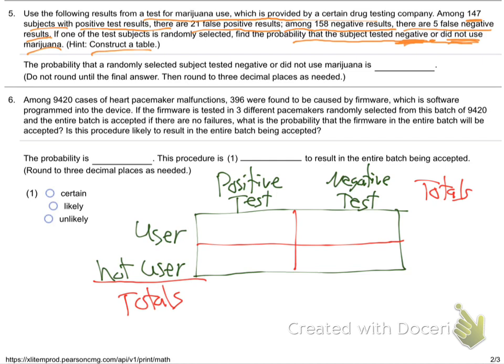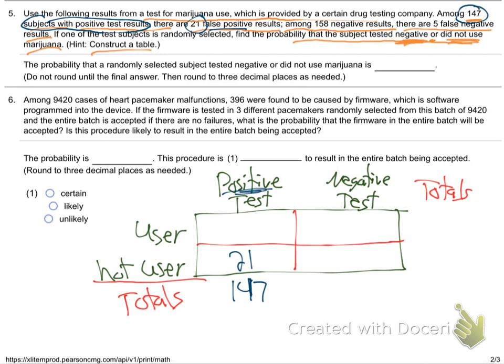All right, let's read the question carefully. 147 subjects with a positive test result. That's the total down here. You see, that's the total number of positive test results, right? Among those 147, 21 were false positive. That means 21 were not users. That's false positive, right?